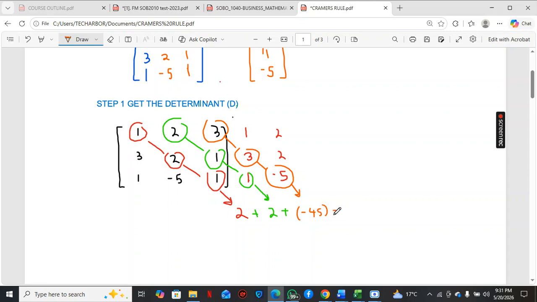So 2 plus 2, that is 4. 4 plus -45, that is -41.